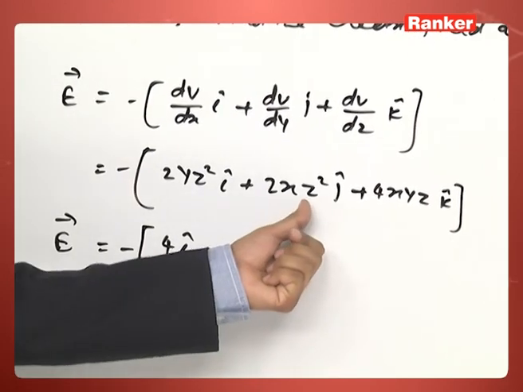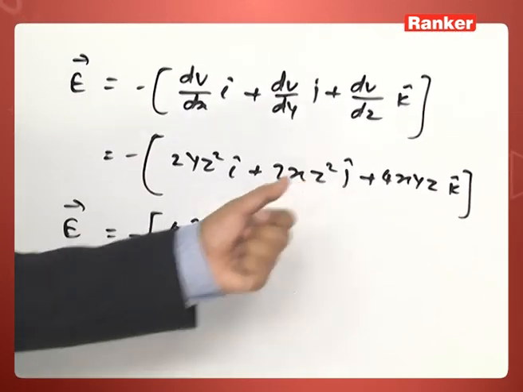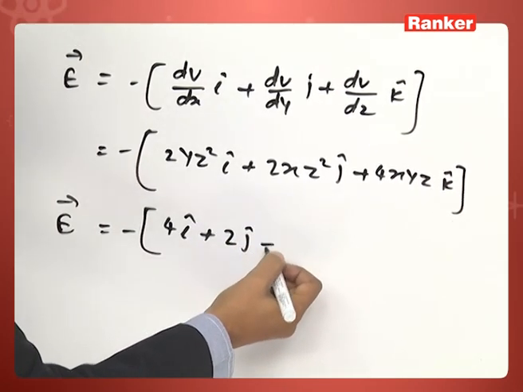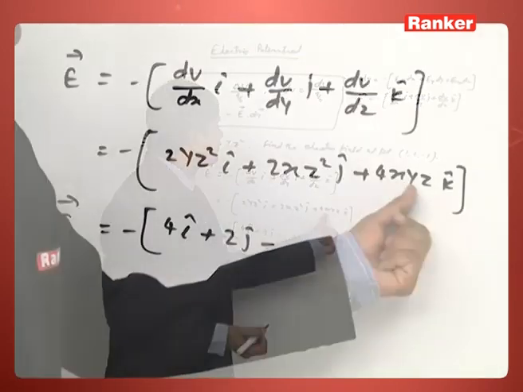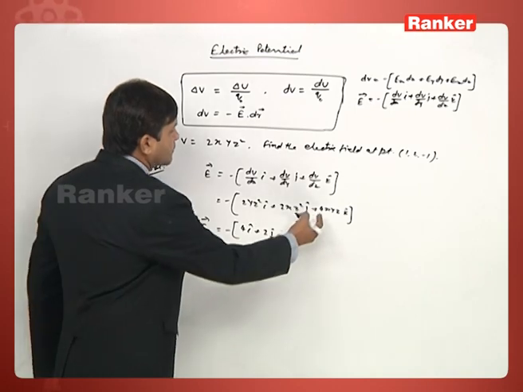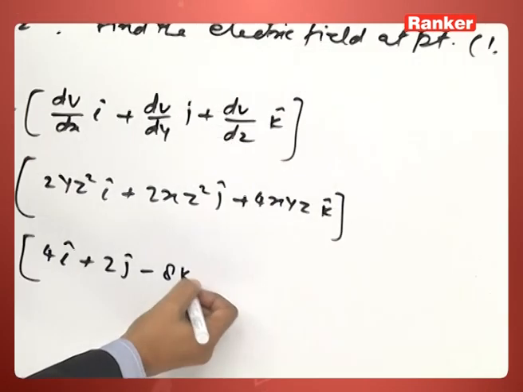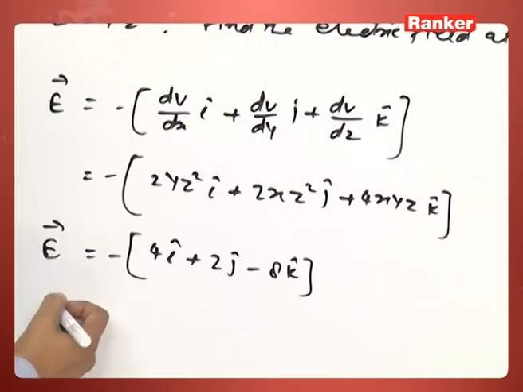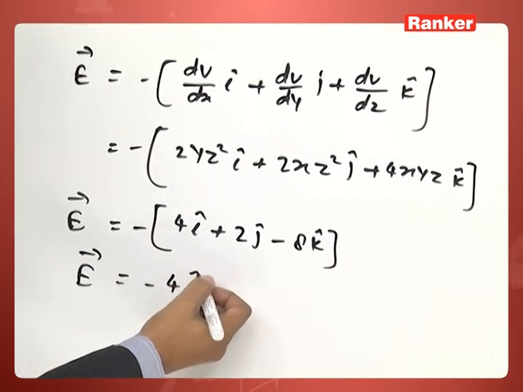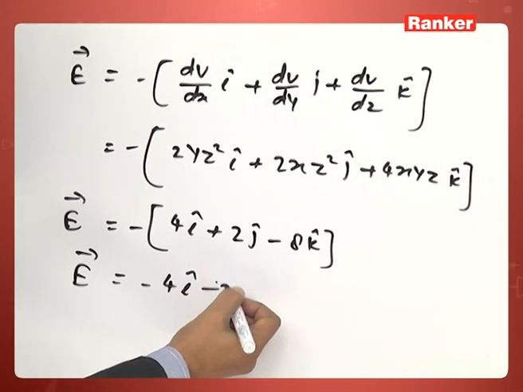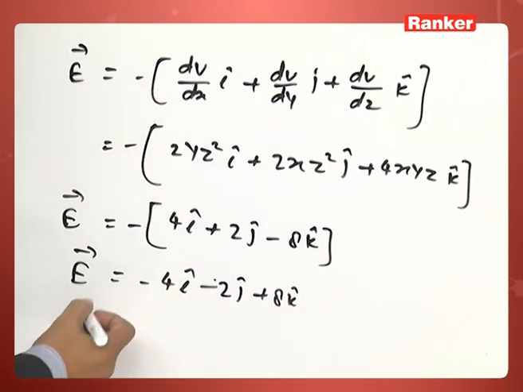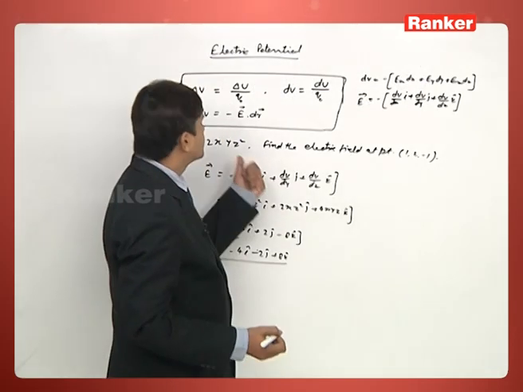Now 2xz square will be 2, 2 j cap. Now here 4xyz will be minus 2 into 4, so minus 8 k cap. So finally, electric field at that particular point is given as minus 4 i cap plus minus 2 j cap plus 8 k cap. So this is the solution of this particular problem.